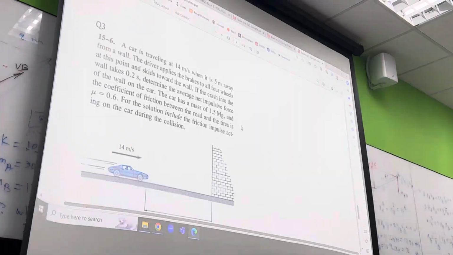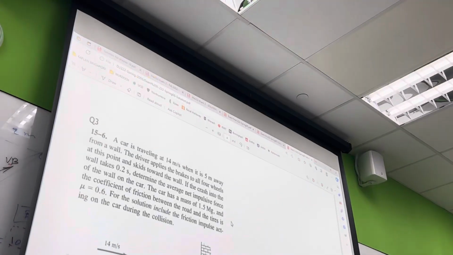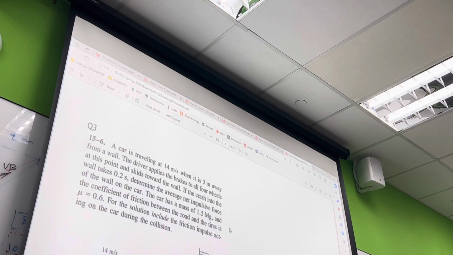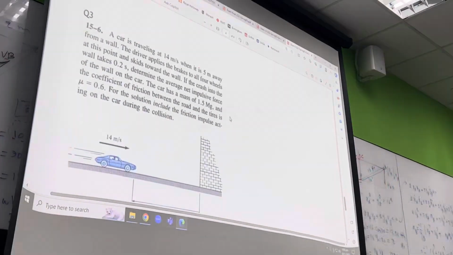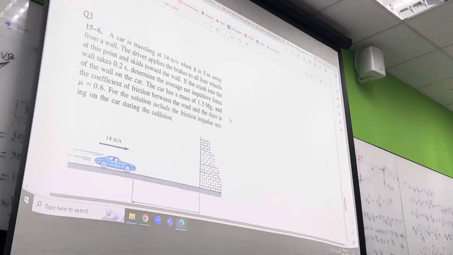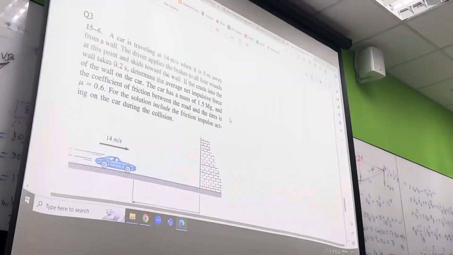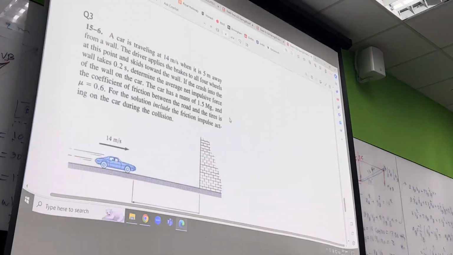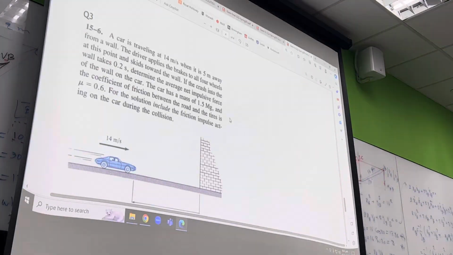If the crash into the wall takes 2.2 seconds, determine the average impulsive force of the wall on the car. The car has a mass of 1.5 ton, and the coefficient of friction is 0.6. For the solution, include the friction impulse acting on the car during the collision.